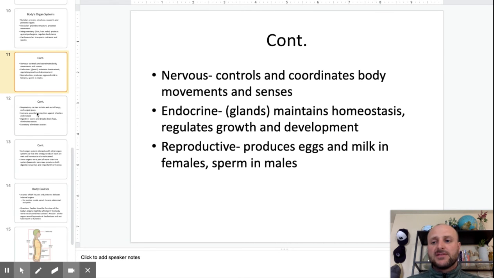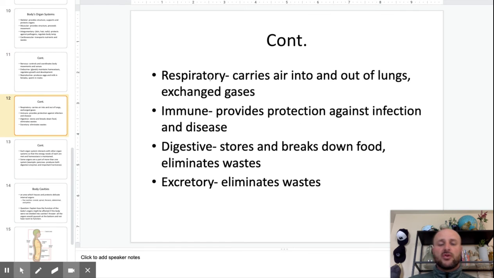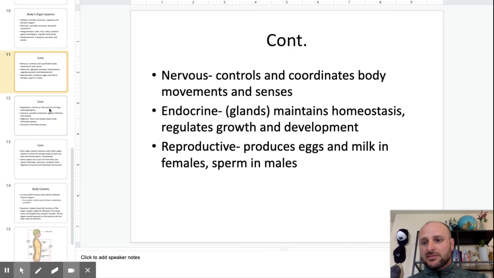The reproductive system, the respiratory system, which is really what the coronavirus attacks, and then the immune system, which would be the thing that would help fight a coronavirus infection, digestive and excretory systems. That's a lot of systems. You'll have to know the definition for each of those. You can read them on these three slides.